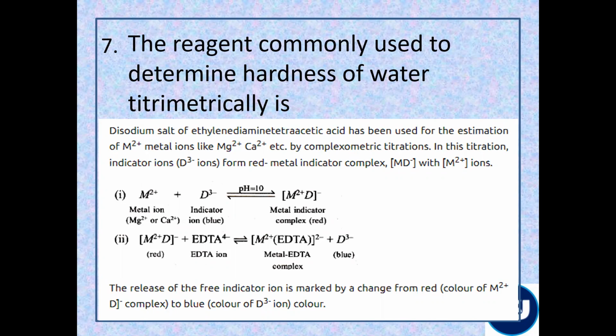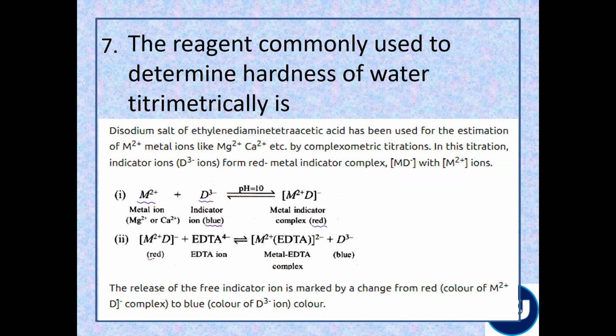In this titration, indicator ions In3- form red metal indicator complex MIn- with M2+ ions. मतलब जो मैग्नीशियम और कैल्शियम आयन है वो एक इंडिकेटर के साथ एड अप करते हैं जिसका कलर ब्लू होता है. On addition with that indicator, it forms a complex which has a red color.